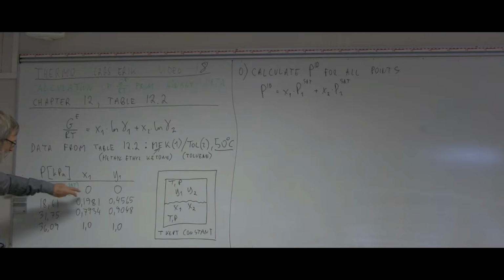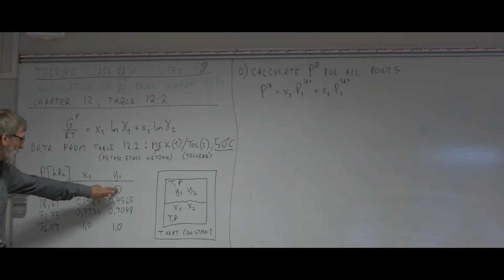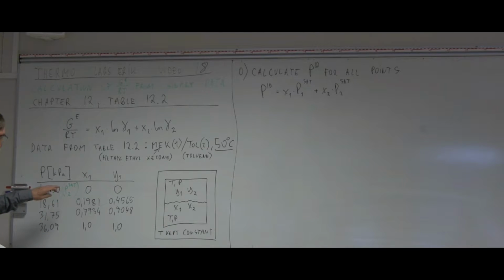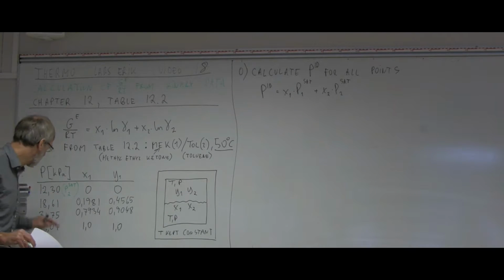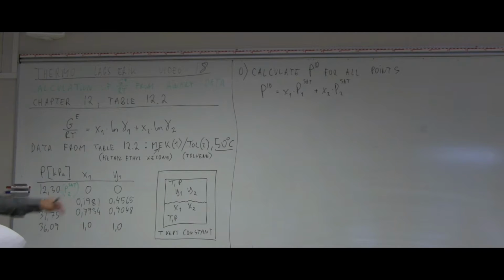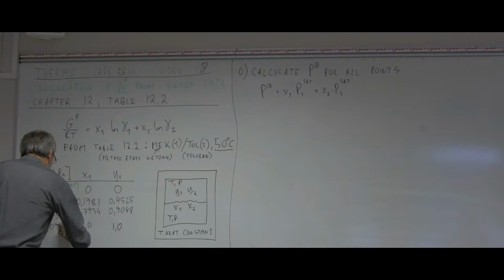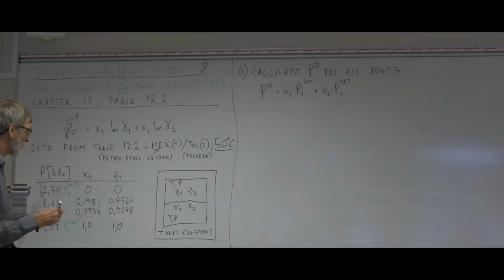When the mole fraction of 1 is 0, then the mole fraction of component 2 must be 1. We have pure component 2, and then that pressure is P2 sat. And on the other end, we have pure component 1. The pressure has been measured to 36.09, and that is the saturation pressure of 1.